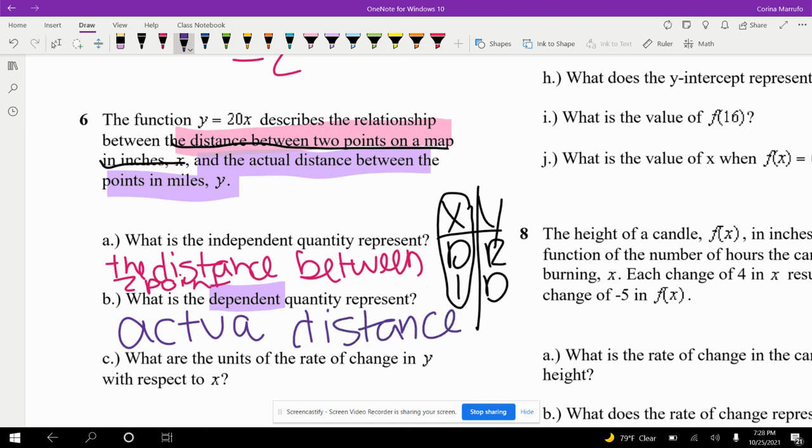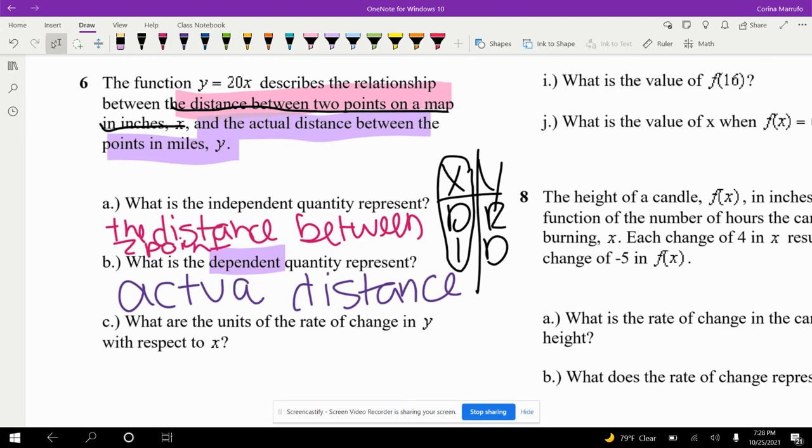It says, what are the units of the rate of change in y with respect to x? So it's asking for the units. It is going to be our y over x. Remember, this part is our slope, so that's our rate of change. For every 20, it didn't give us a unit for, oh, it says points in miles.